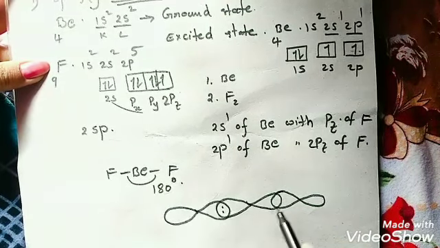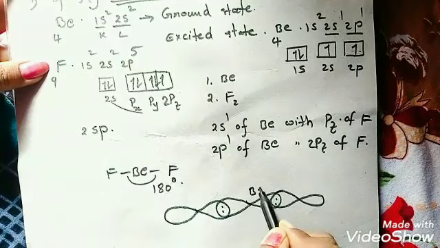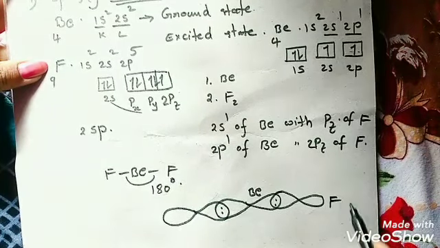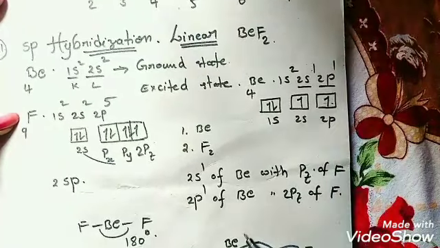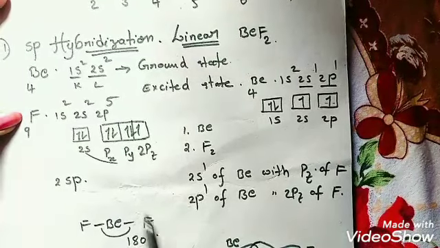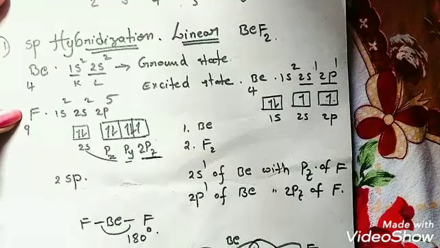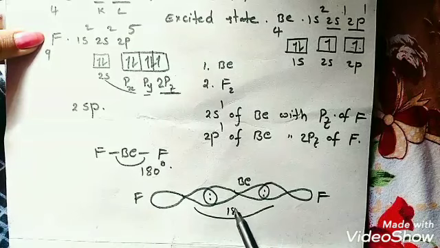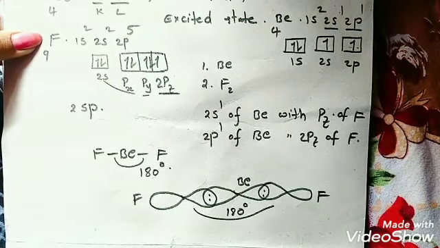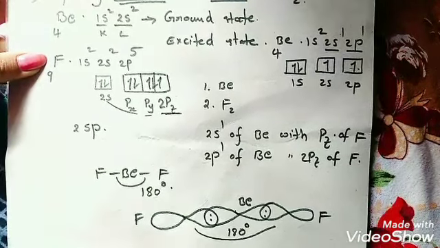So here these are the bond pair of electrons. This is for beryllium and this is for fluorine. So here one 2s and one 2p, and here both 2p only. So the final structure will be like this linear structure, the bond angle 180 degrees.